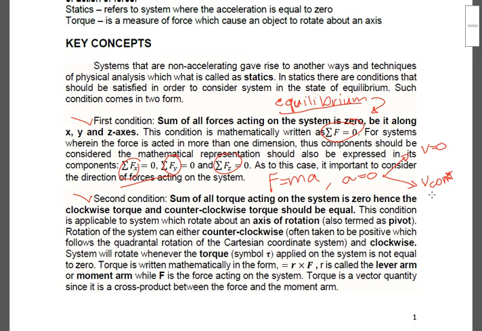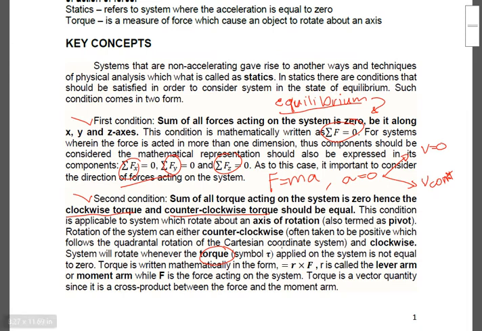For the second condition, we have torque. It says that the sum of all torques acting on the system is 0. With this we have to consider the clockwise torque and the counterclockwise torque. But what is torque then? We are going to talk about it later.